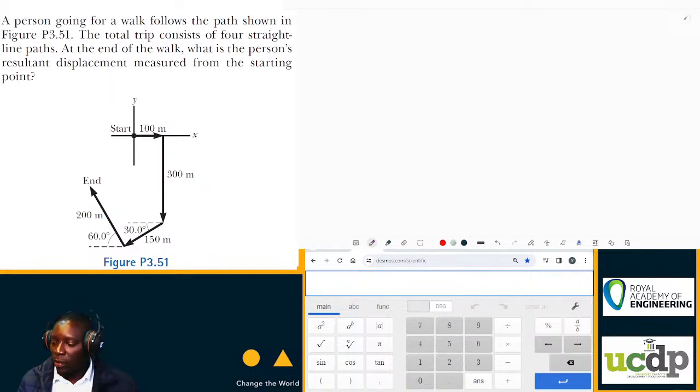So we have a starting point given within some x, y Cartesian. Something like that. And it's 100 meters.